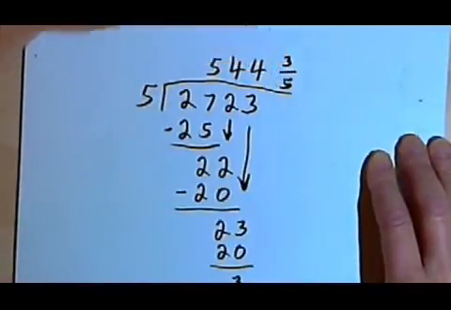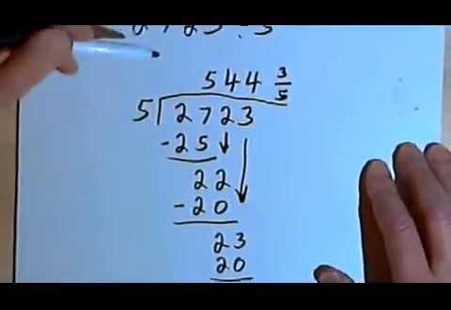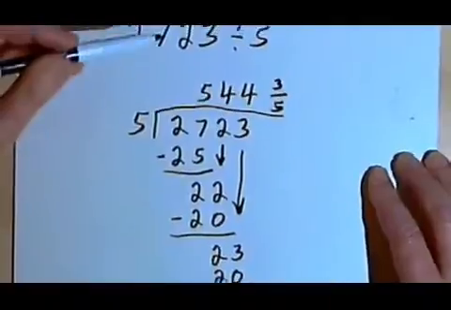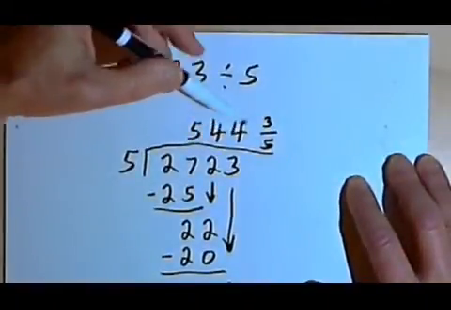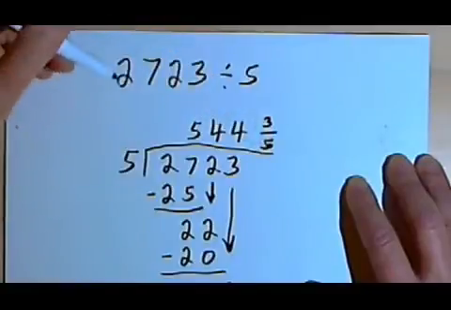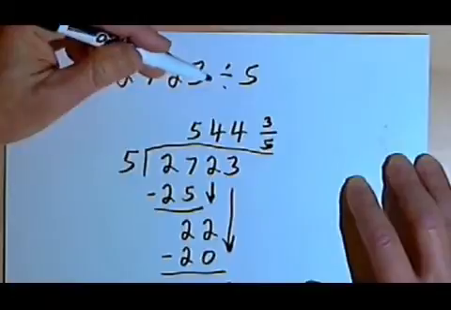So we can complete this problem by writing a 3/5, 3 over 5, after 544. So the solution is going to be 544 and 3/5 as the result of dividing 2,723 by 5.